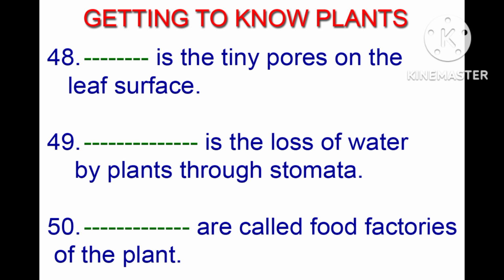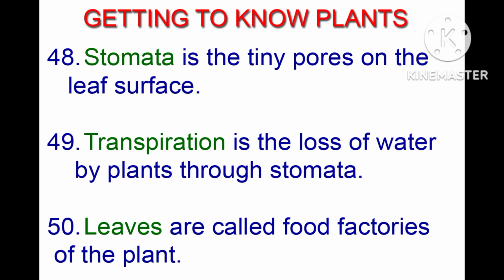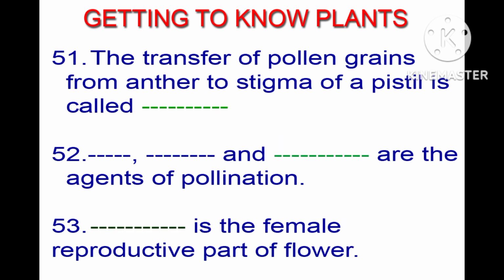49th question. Dash is the loss of water by plants through stomata. The answer is transpiration. 50 question. Dash are called food factories of the plant. The answer is leaves. 51st question.